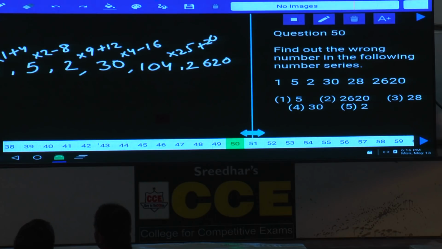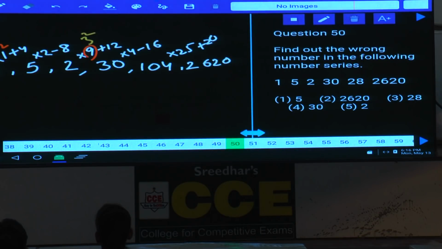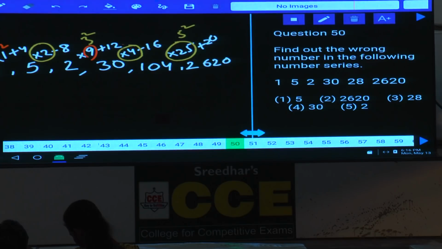Done? Now alternate cases. See here once again. Now this is 1 square. This 9 can be written as 3 square. This 25 can be written as 5 square. 1 square plus 4, and these are just numbers, into 2, into 4, into 6, into 8. Clear? Now the given numbers, alternate numbers starting with the first number, are multiplied with squares of odd numbers: into 1 square, into 3 square, into 5 square, into 7 square, into 9 square.